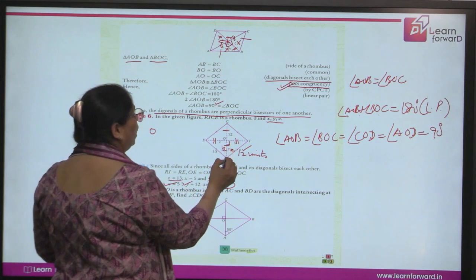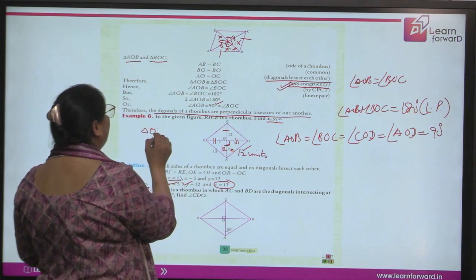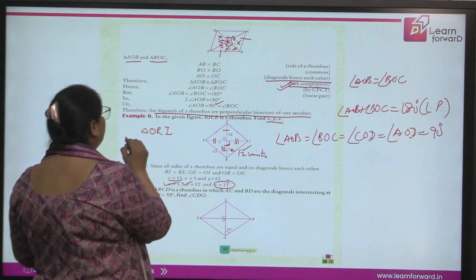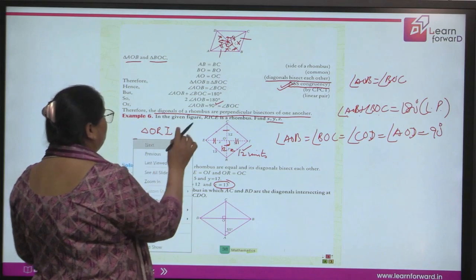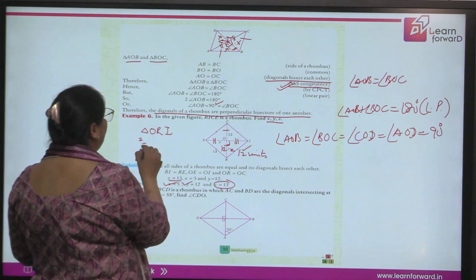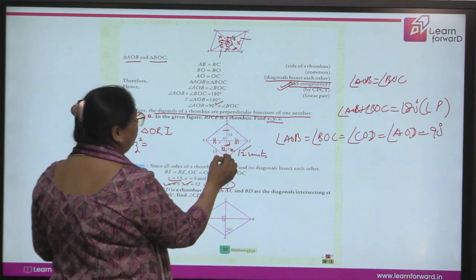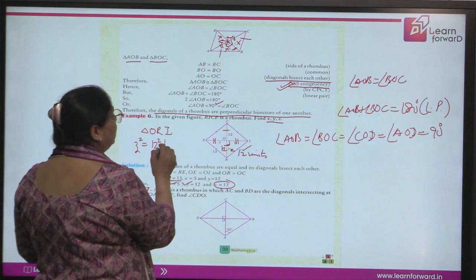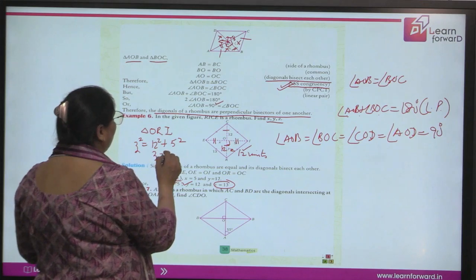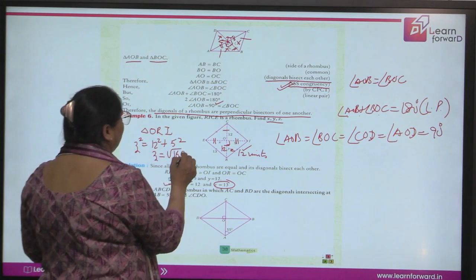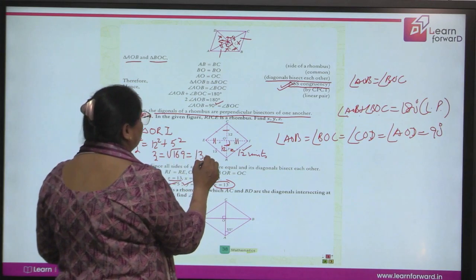So in the right triangle, by applying the Pythagoras theorem, Z square will be equal to 12 square plus 5 square, so Z will be equal to root of 169, and that is 13 units.